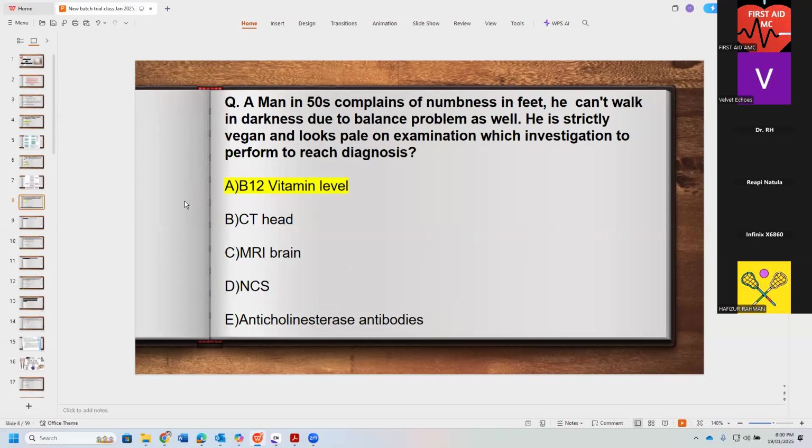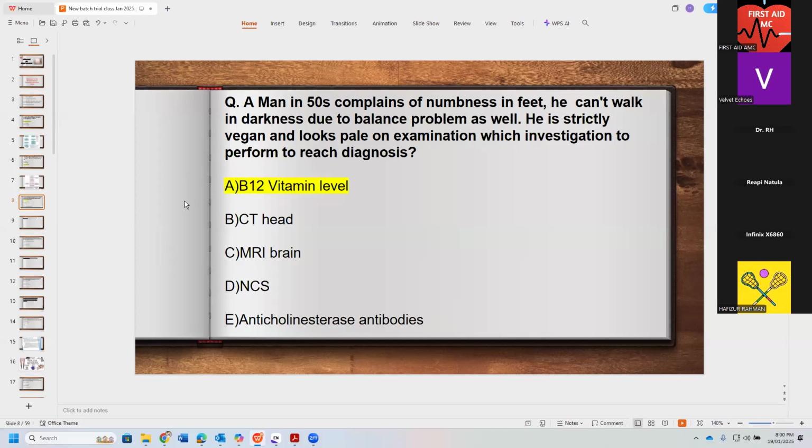So not only diet causes it, excessive use of PPIs, excessive use of alcohol, very good, Dr. Maria, gastric surgery, autoimmune disorders, and use of metformin. These can also lead to vitamin B12 deficiency as well.